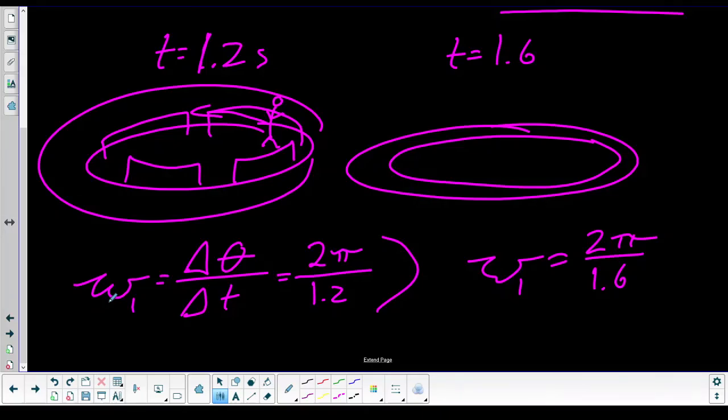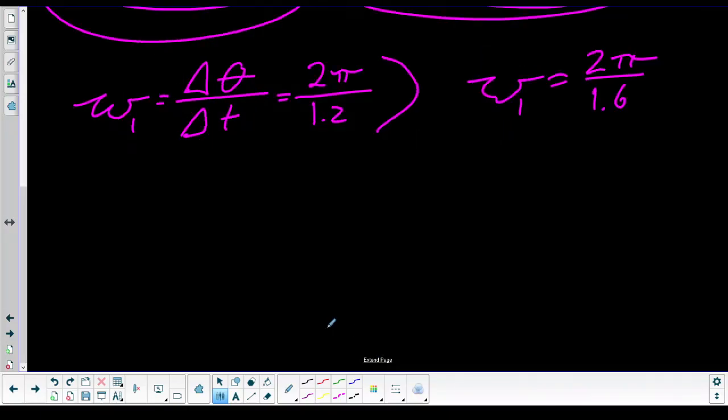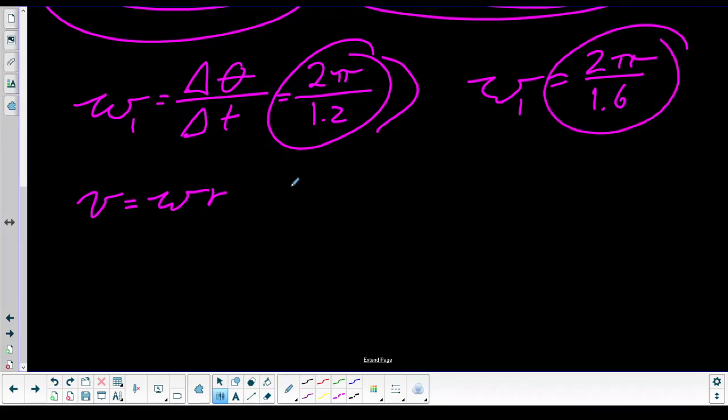But because the circle we're going in is smaller, maybe we don't have a larger linear velocity. So now what we're going to do is take this and convert it to a linear velocity using v equals omega r.